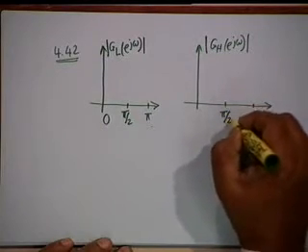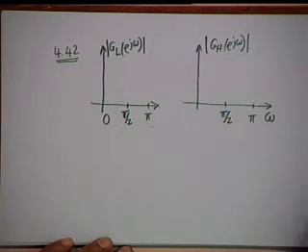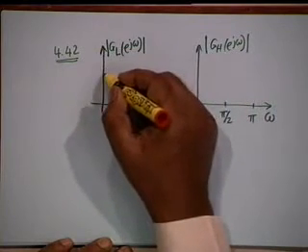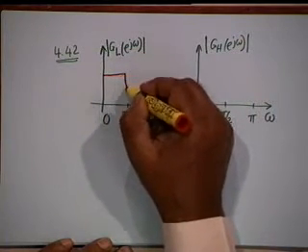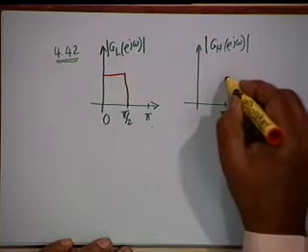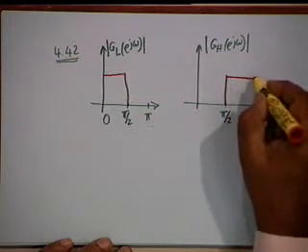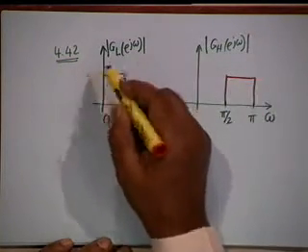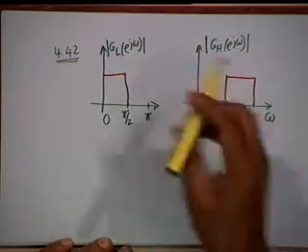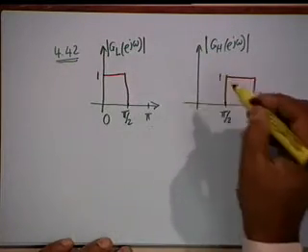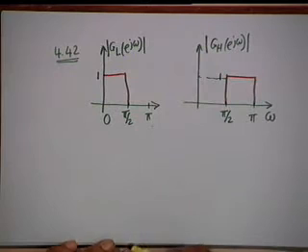They are ideal filters and therefore they rise like this, 1 drops to 0 at pi by 2, then pi by 2 to pi. All that you have to do is exercise a little care in drawing this diagram.